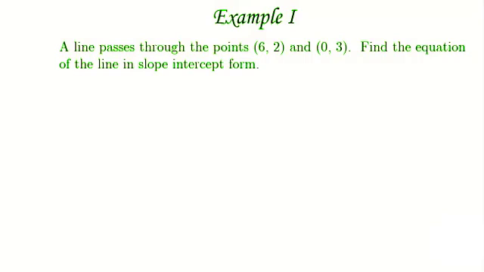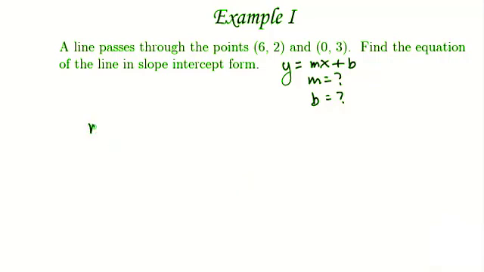In the first example, it says a line passes through the points 6, 2 and 0, 3. Find the equation of the line in slope-intercept form. Recall that y equals mx plus b is slope-intercept form. So I need to find m and I need to find b.